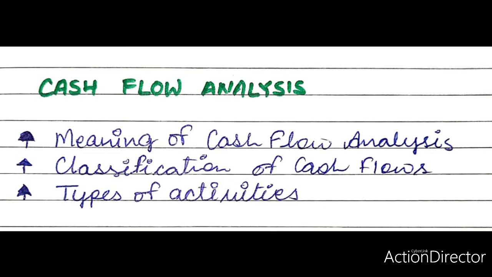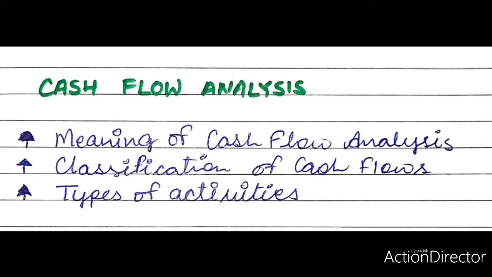Cash flow excludes movements between items that constitute cash or cash equivalents because these components are part of the cash management of an enterprise rather than part of its operating, investing, and financing activities. Cash management includes the investment of excess cash and cash equivalents.